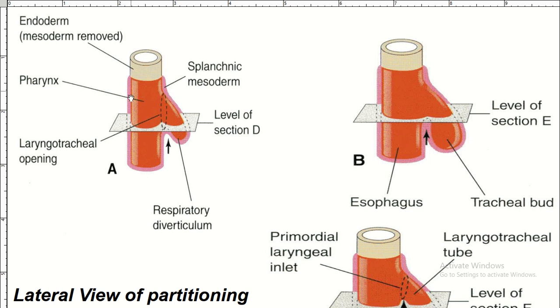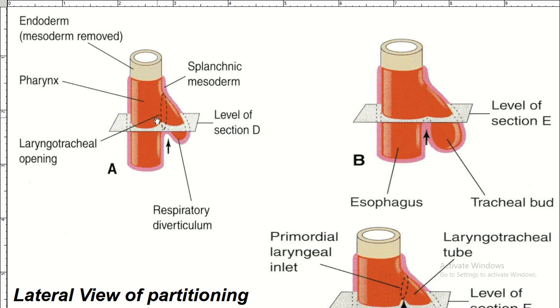So you're going to have some retinoic acid. Retinoic acid is going to act on the mesoderm and on the endoderm and cause a transcription of TBX4.